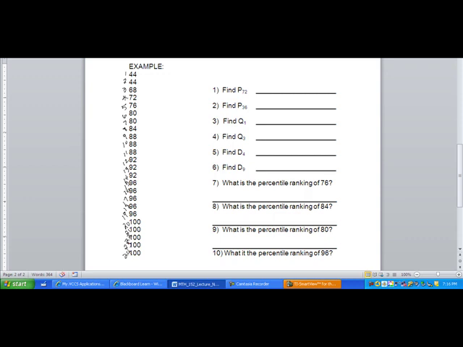Okay, we have 24 values. So to find P72, we want to take 72 divided by 100, which is 0.72, and I'm going to multiply it times the number of values. Okay, so 0.72 times 24.